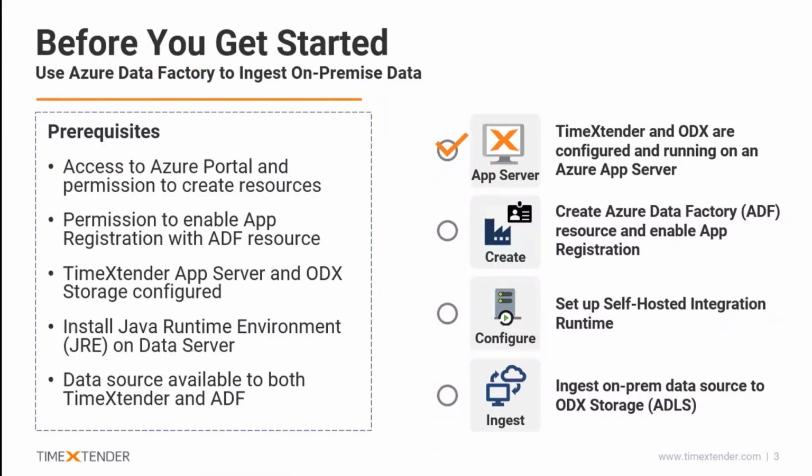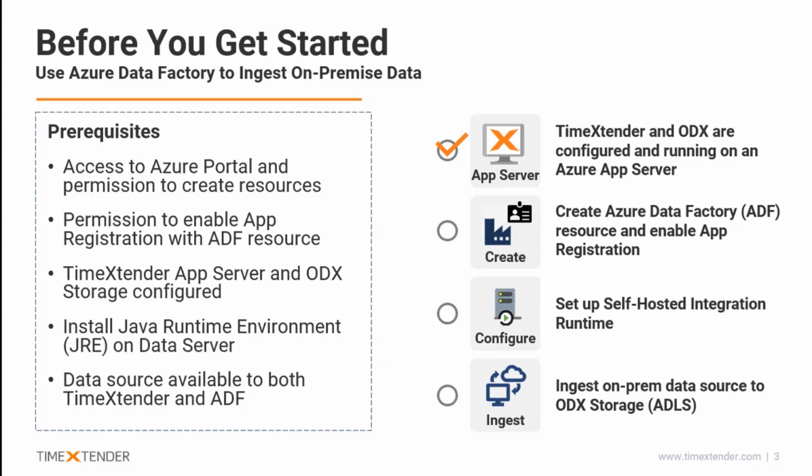So before you get started, there are a few prerequisites, some of these being things that we've covered in previous sessions. If you're not familiar, you're welcome to look at the YouTube playlist, youtube.com/TimeXtender. You can find a playlist called TimeXtender Tuesdays, and you'll find all the previous sessions recorded.